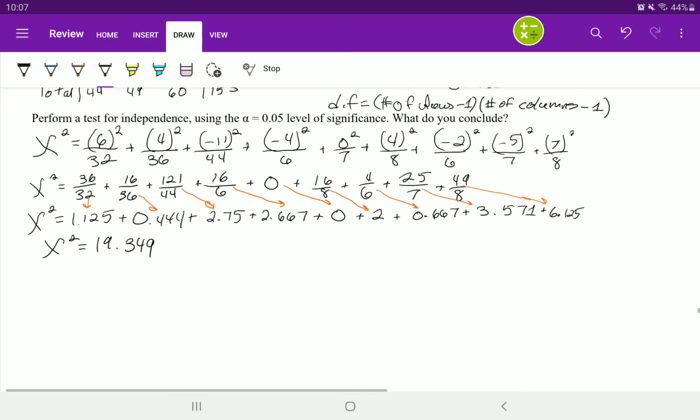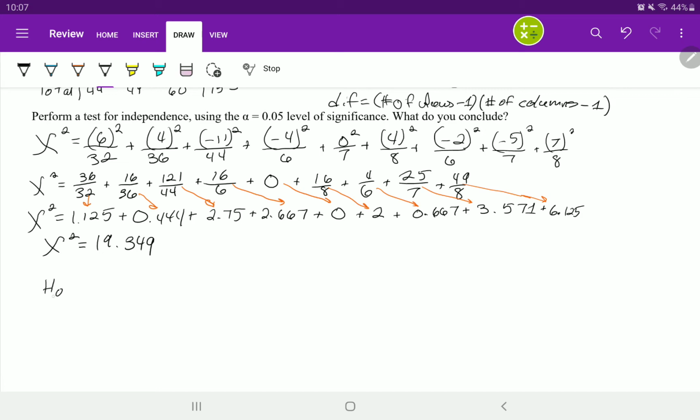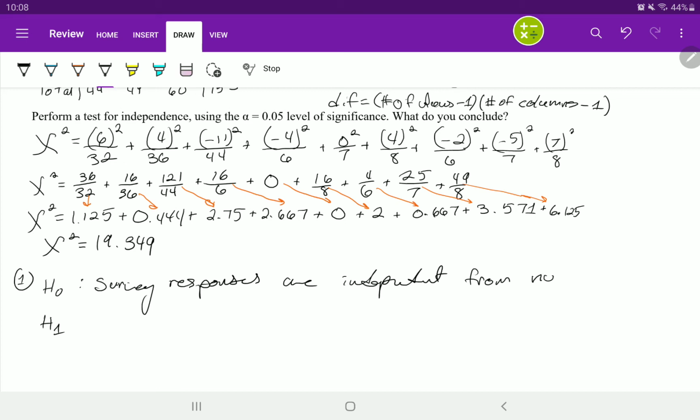So when I write our hypothesis, the null and the alternative, we're going to say that survey responses are independent from number of people and off-campus residents. If it's independent, that means there's no relationship.